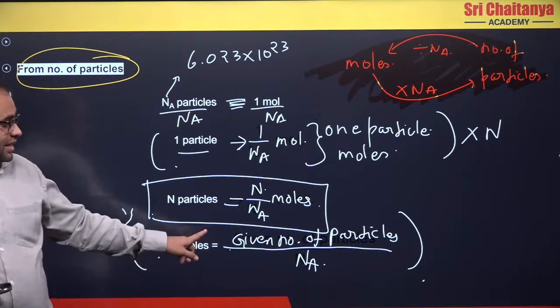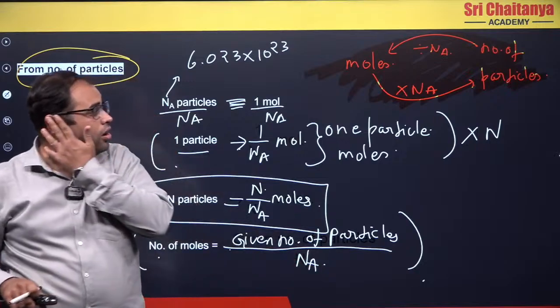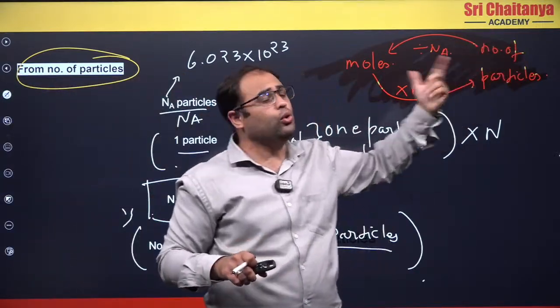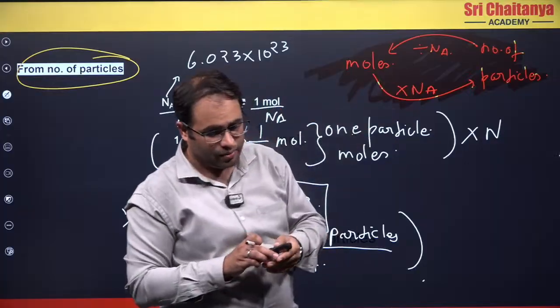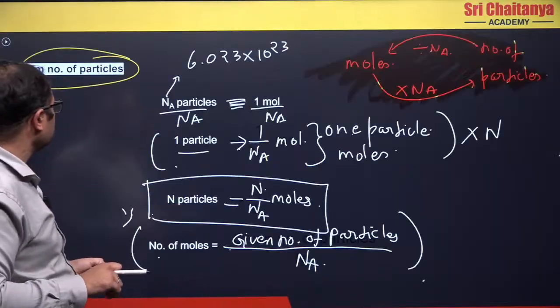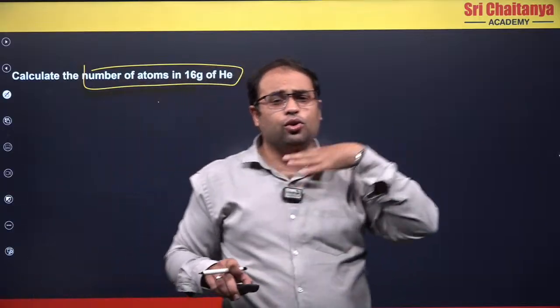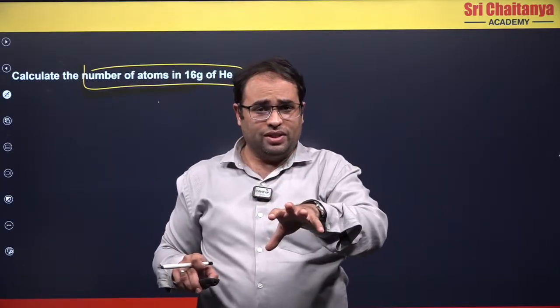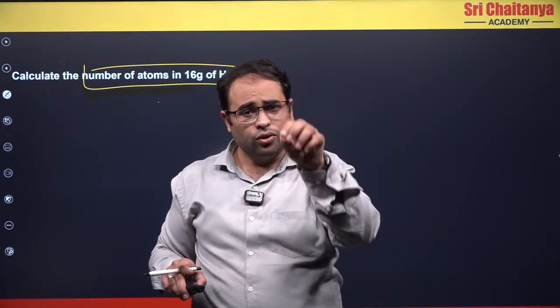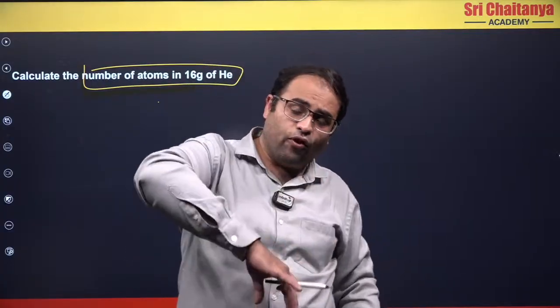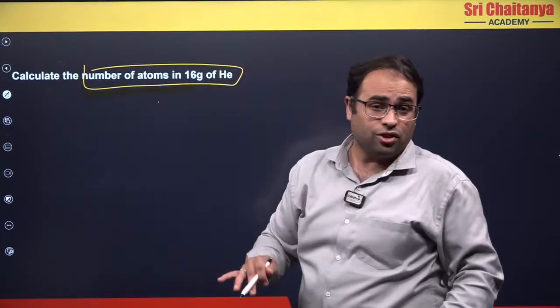Number of moles is given by number of particles by Na, or if you have to go from moles to number of particles, what you have to do? You have to multiply it by Na, right? So my suggestion to you will be, if any question comes, just move towards mole. Calculate the moles first, and then from moles you can go to any place you like.